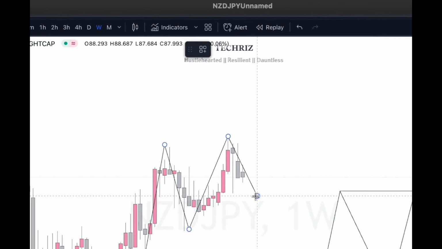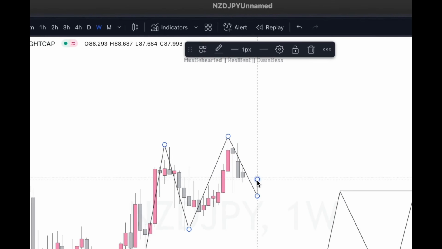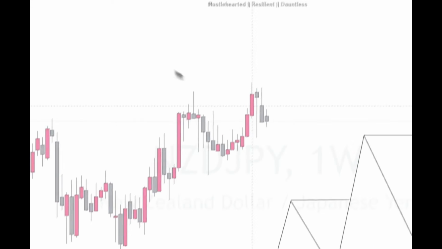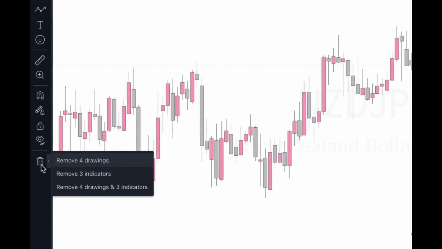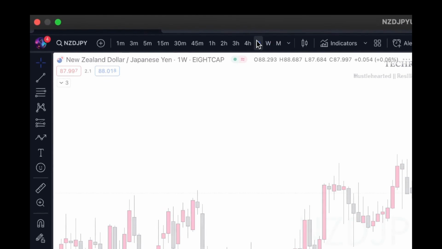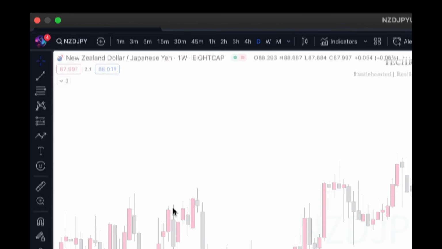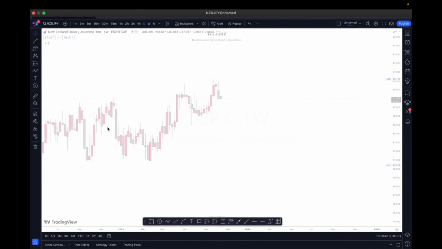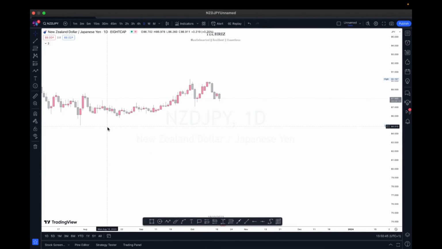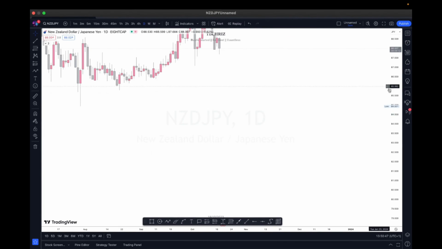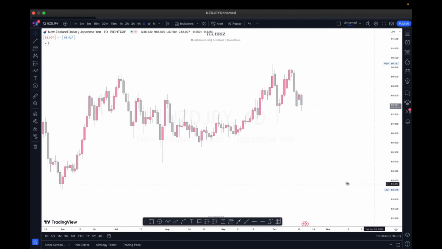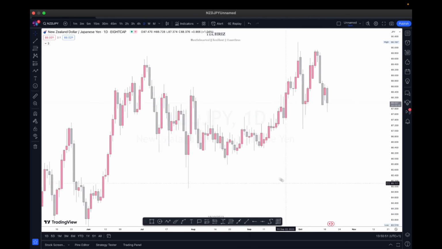So this is all we could see from the 1 week time frame. Let's go to the daily and see. The story becomes very interesting if you treat all of this like a story. I had this setup earlier, but I want to show you something.